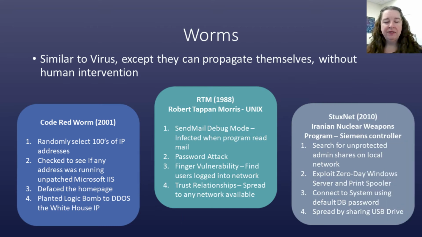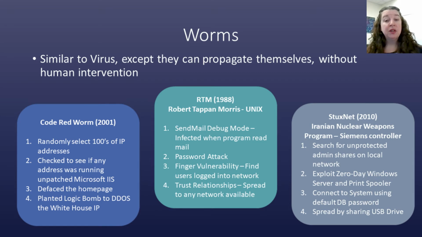Worms are similar to viruses, except worms propagate themselves without having you do anything. So the worm gets onto your computer, and then it runs its own propagation to go get more and more, attacking more people, looking through and finding ways to attack different computers in the network, and so on and so forth.